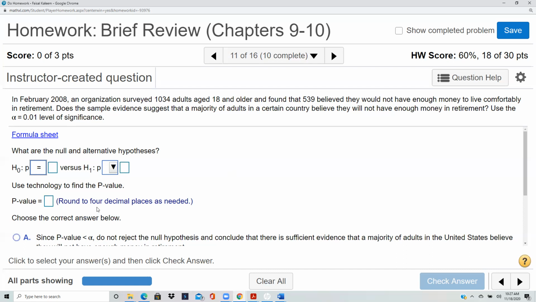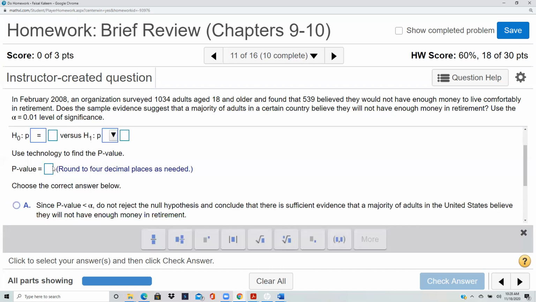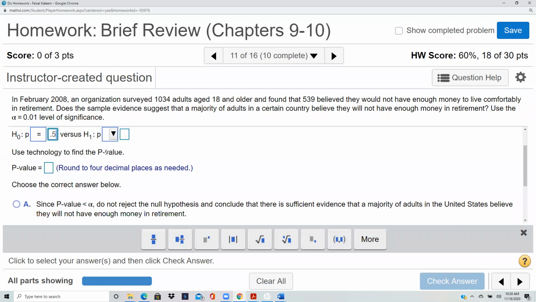But I still don't know. Will we put 50 as the number? So you have to put the percentage. P is for percentage or proportion. So 50% is what? How do you write 50% as a decimal? Oh, so we would put 0.5. Right. And then what will come in H1?